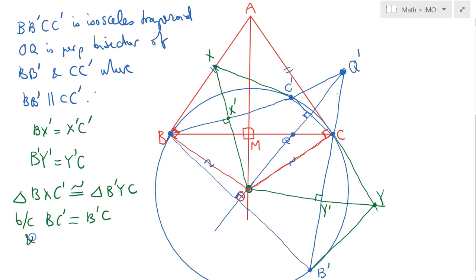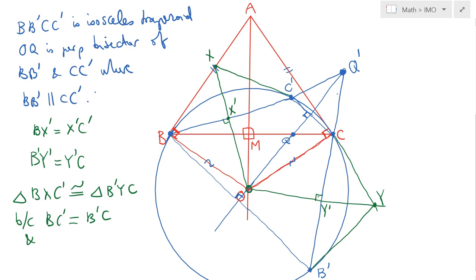And secondly, also remember the way we constructed the point X prime by dropping an altitude from O to BC prime, and then the way we also dropped an altitude from O to B prime C and called it Y prime.